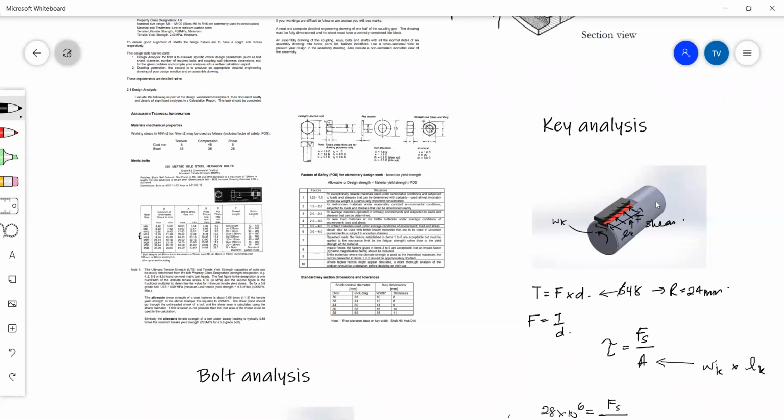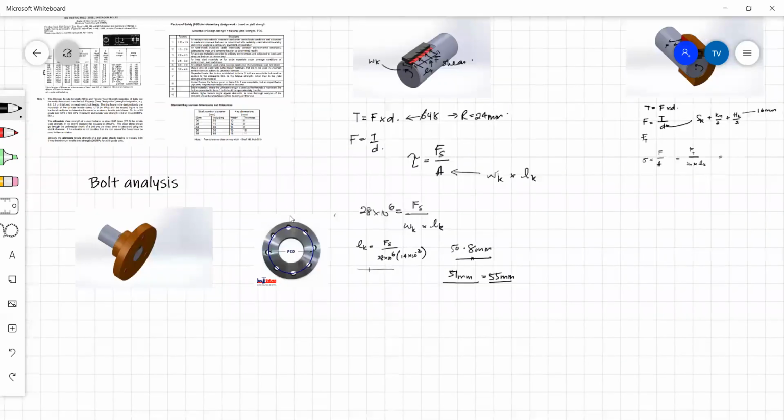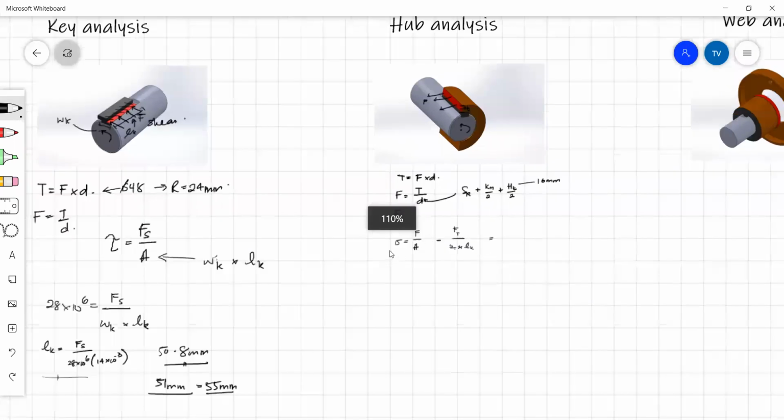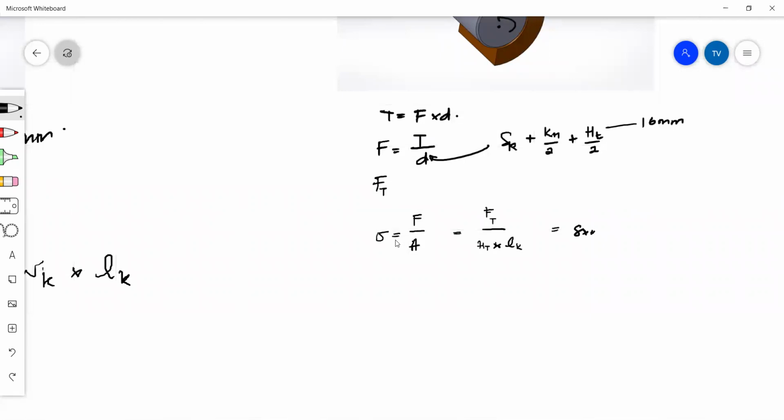Only the key is made out of mild steel. So you put 8 megapascals in place of our tensile stress, and we try and solve for HT again.